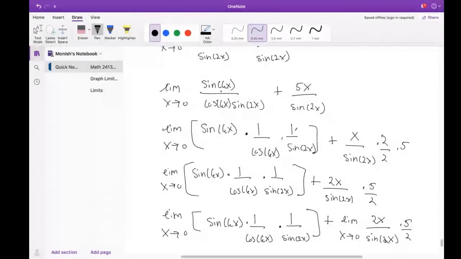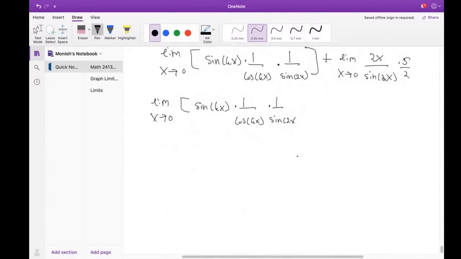So I just split this into 1 over cosine of 6x times sine of 6x times 1 over sine of 2x. And you guys are saying to multiply this whole thing by x over x.